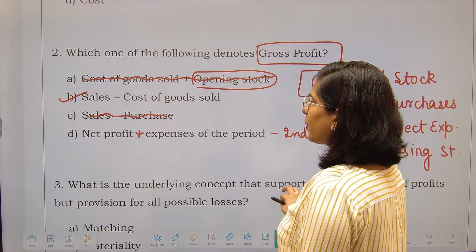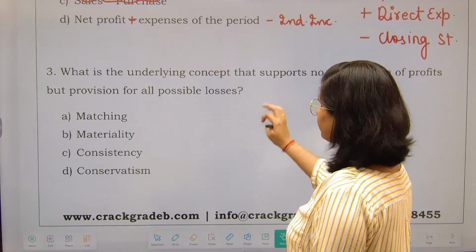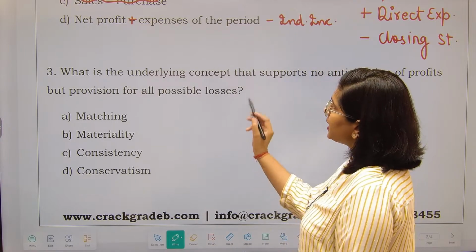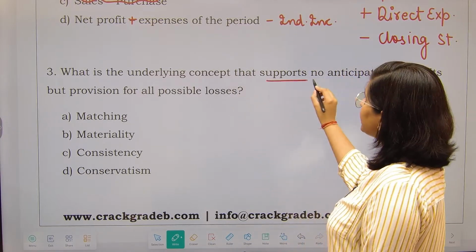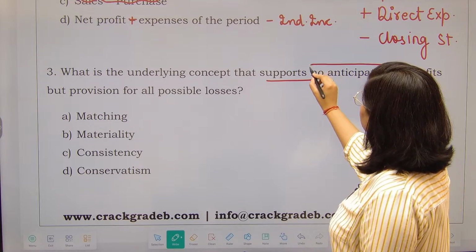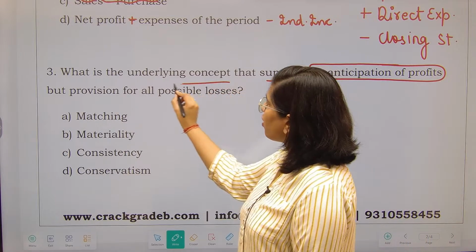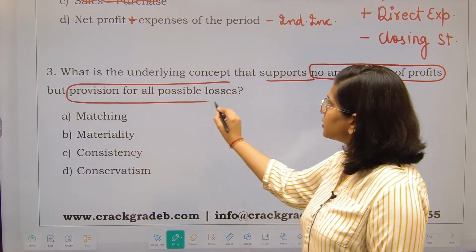Now moving on to question number 3. Question number 3 asks what is the underlying concept that supports no anticipation of profit but provision of all possible losses.